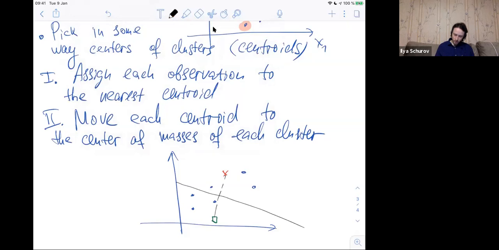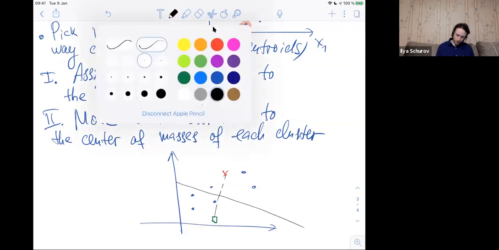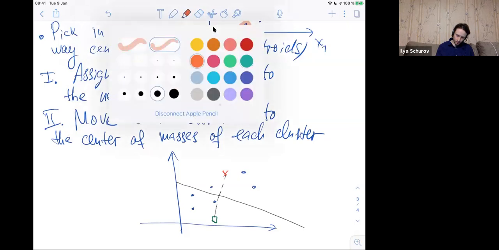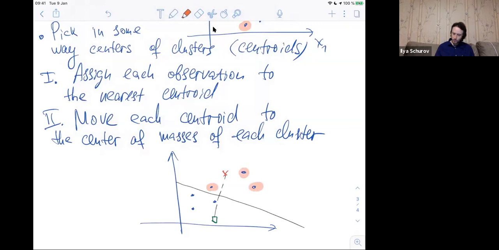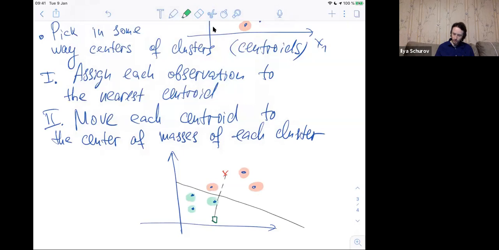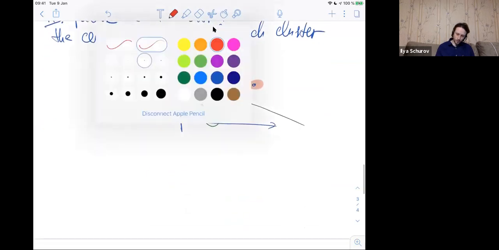So the splitting line is here. So these points belong to the red centroid, and these points belong to the green centroid. And on the second step, I will move my green centroid to this point, and I will move my red centroid to this point. And then we can continue.